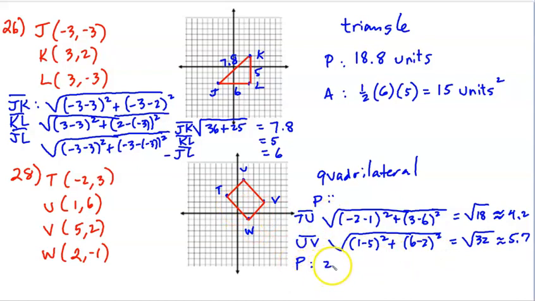So perimeter is 2 times 4.2 plus 2 times 5.7. And so we'll go to our calculator. And that looks like 19.8 is our perimeter.